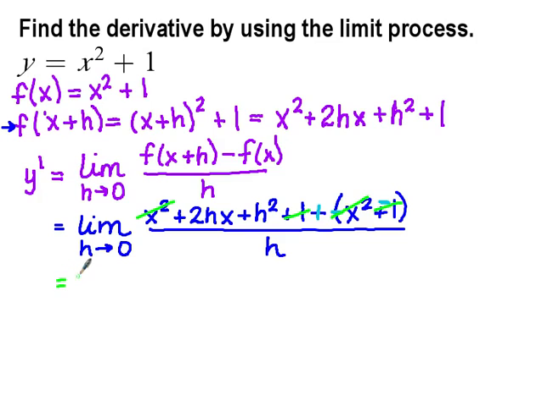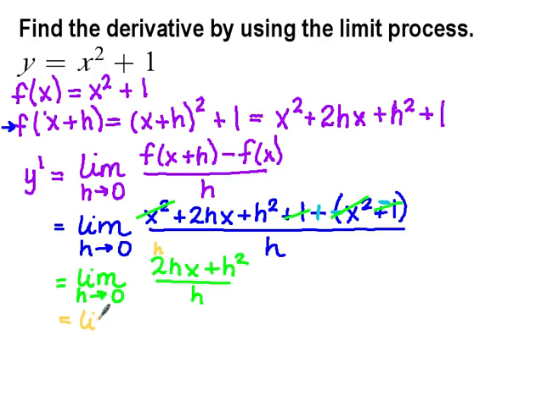Okay, so equals, let's go and simplify the limit as h approaches 0. Let's see what I have left. 2hx plus h squared, all divided by h. Now, if I try plugging in 0 and evaluating my limit, once again I'm going to get 0 over 0, the indeterminate form. So I have to try to simplify if I can. What I'm going to do on the top here is factor out an h.